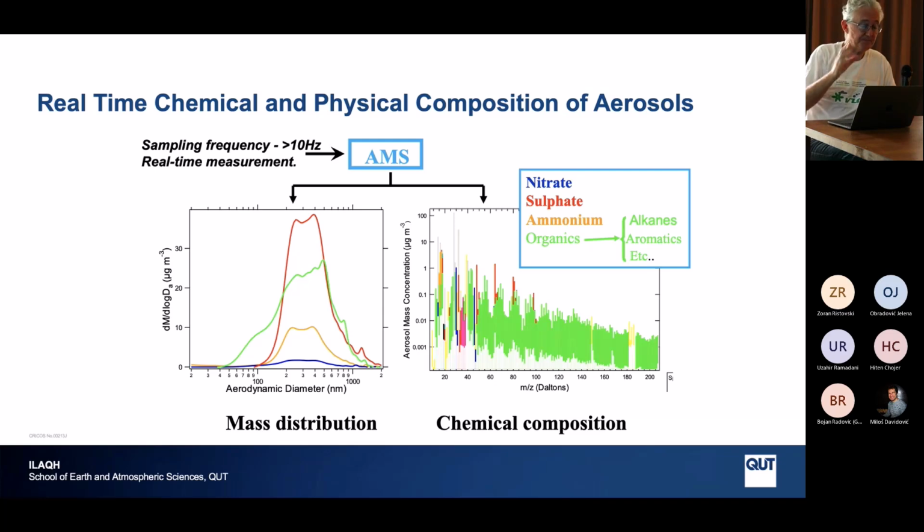And also, if you keep the chopper open, so you position it so it lets all of the particles pass through the instrument, you only measure the ions continuously. You don't know the size, but you continuously measure the concentration and the composition. You get a standard mass spectrum, m/z on the x-axis, and the mass concentration of certain components, normalized to ammonium nitrate, on the y-axis.